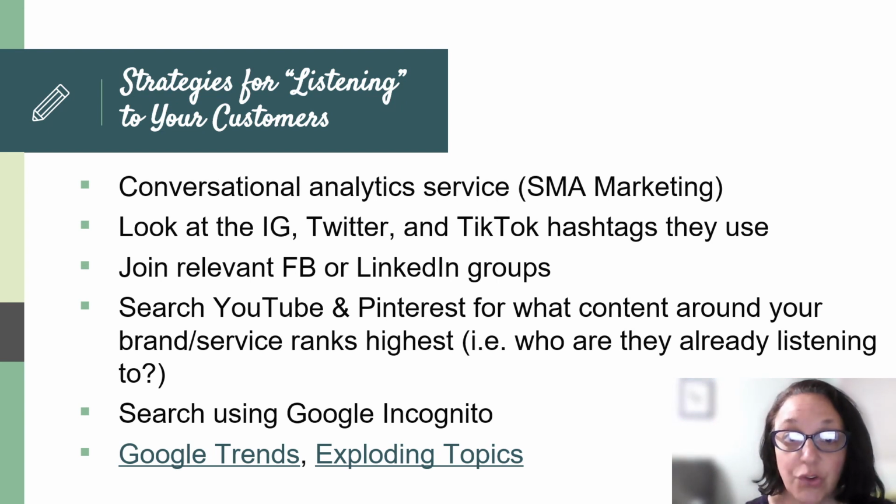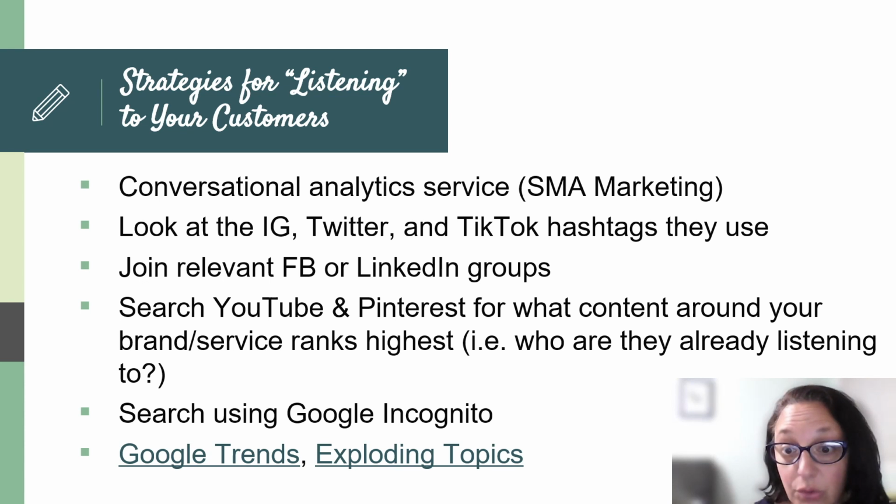A few strategies for listening to your customers, for conducting social listening, include hiring a conversational analytics service such as SMA marketing to dig into what your competitors are saying, which key terms they're using, and how people are responding to those terms.